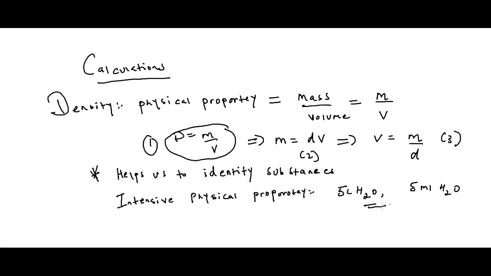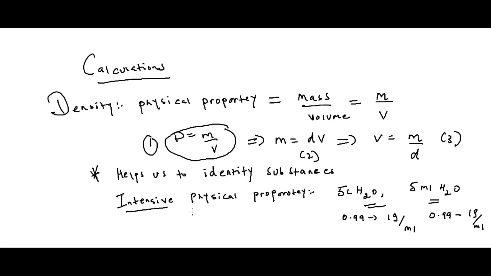As far as it is water, the density is going to be the same. It doesn't change. It's pretty much anywhere between 0.99 to 1 gram per milliliter. For 5 milliliters, it's also the same value. So such a property, we call an intensive property.